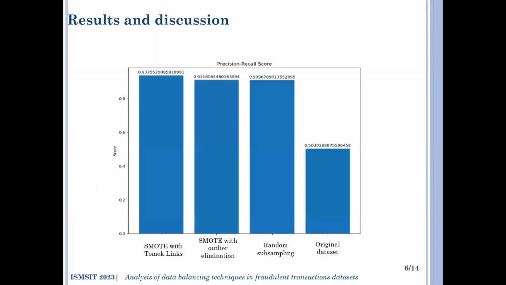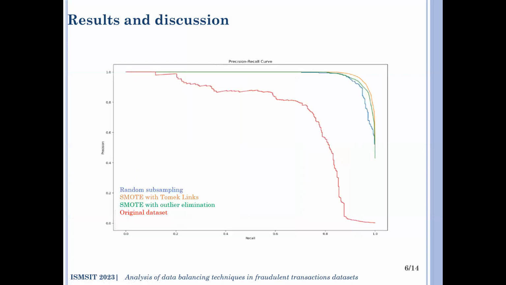Visual representation of what we observed, the precision recall score shows that the worst results, of course, were for the original data set, while SMOTE with Tomek links got a precision recall score of 0.93 or 93%. Precision recall curves should be as close to the upper right corner as possible.